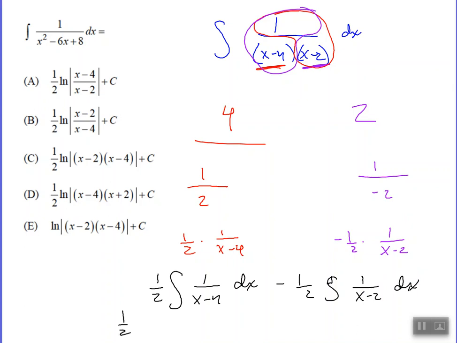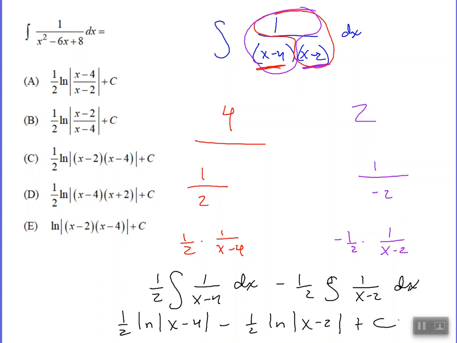And we just have 1 over x minus 4, so that's going to be an ln. And we have ln x minus 2 plus c. Okay, so we are finished. And if this were just like practice on Delta Math, or if it was a free response question where you're just writing out your answer, this is right. But you'll notice that this question is multiple choice, and the answer that I got is not on the screen.